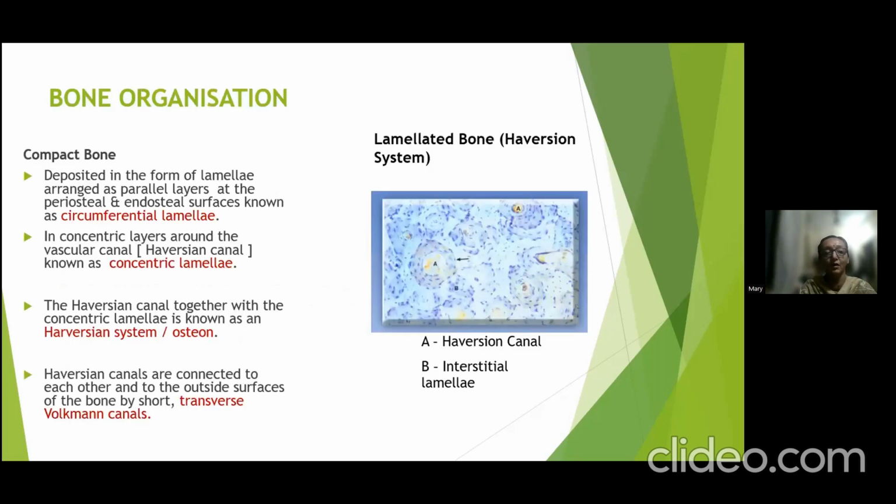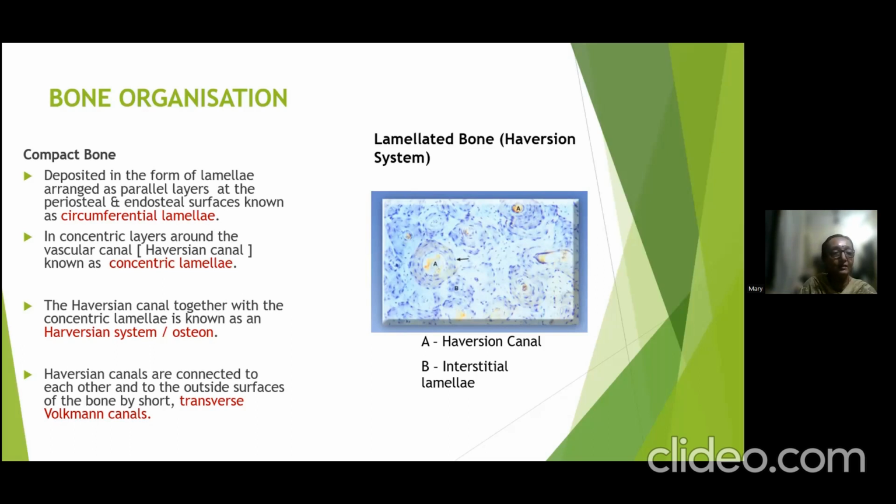Now coming to the bone organization. What is compact bone composed of? Let us look at the different arrangements of the bony layers in the compact bone. In compact bone, the bone is deposited in the form of lamellae, which are arranged in parallel layers, both on the periosteal and endosteal surfaces. This parallel arrangement is known as circumferential lamellae.